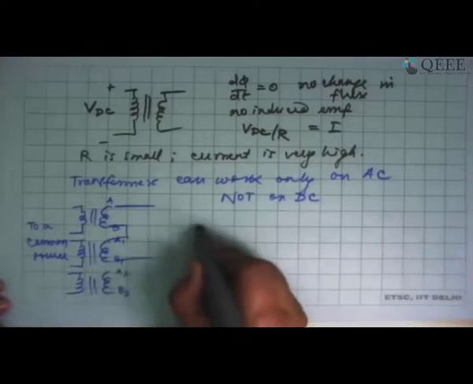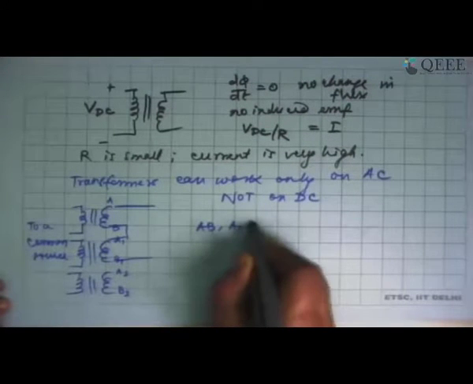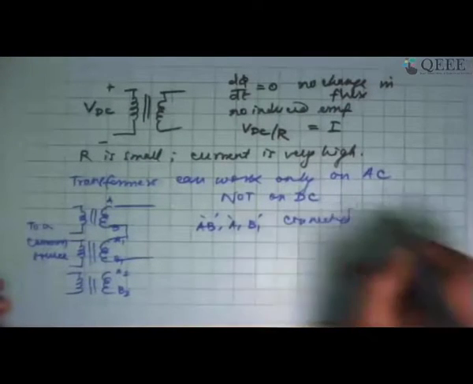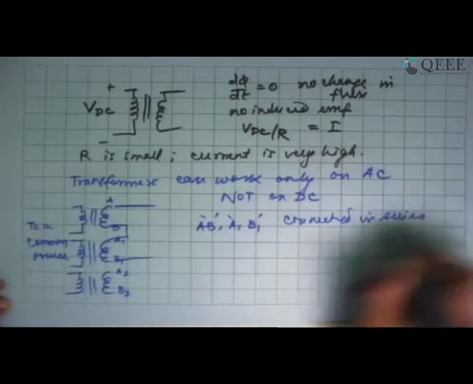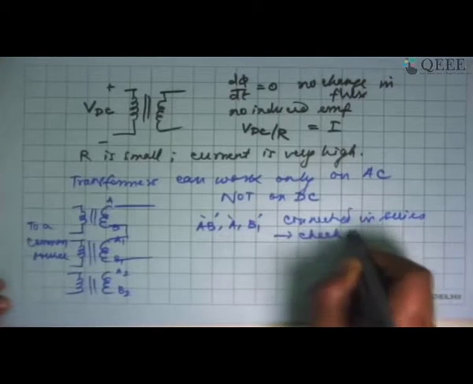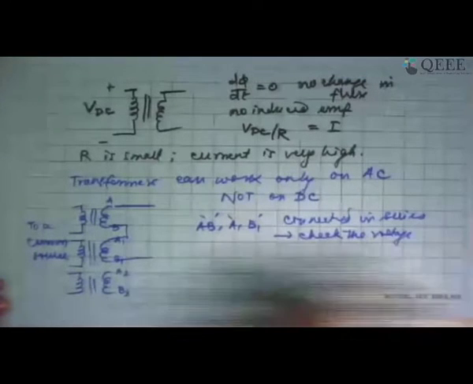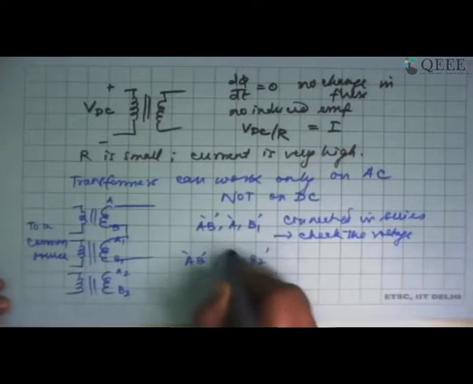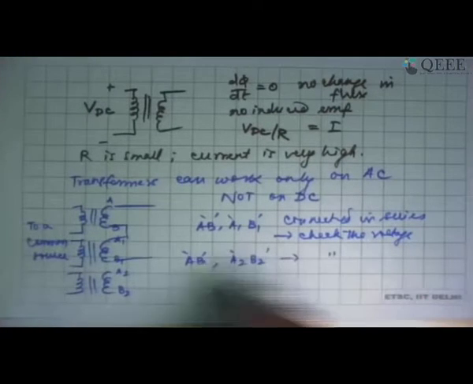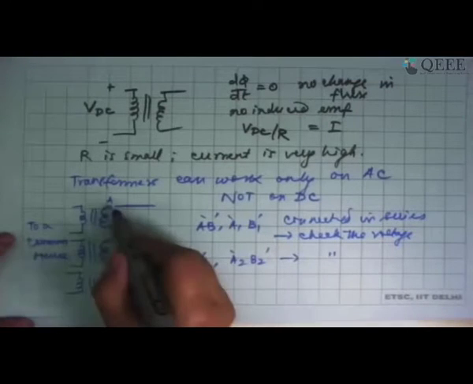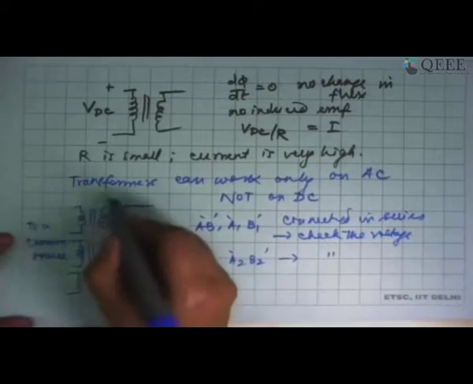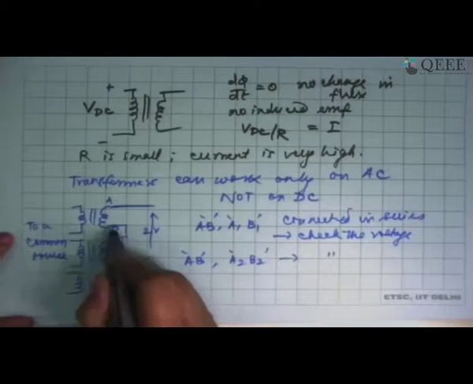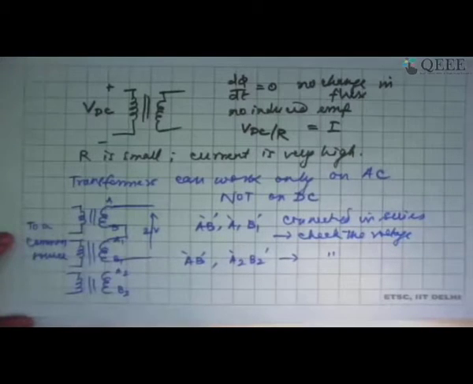Similarly, I connect A, B and A1, B1 in series and check the voltage. Similarly, I connect A, B and A2, B2 and check the voltage. Then I should be able to say which is the beginning and which is the end. If in that case I am getting 2V, that means I have to connect B1 to B, not A1 to B. That's what it means.